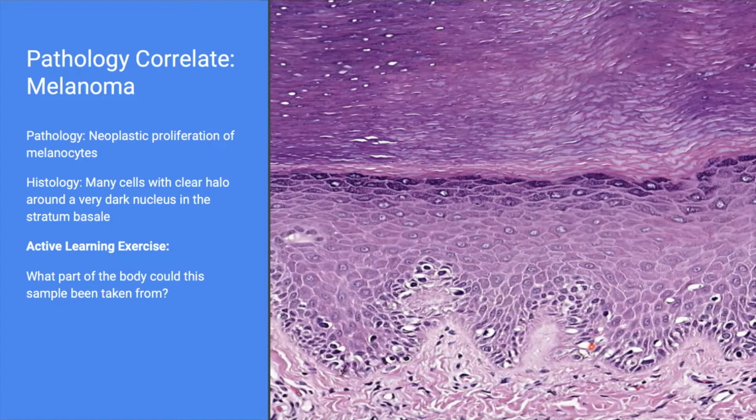But this particular sample has a very well-established stratum corneum, a little bit of a stratum lucidum, and then a pretty recognizable stratum granulosum here. So with the very thick stratum corneum layer and a well-recognizable stratum granulosum, we would term this thick skin, which basically limits us to the palms of our hands or the soles of our feet.